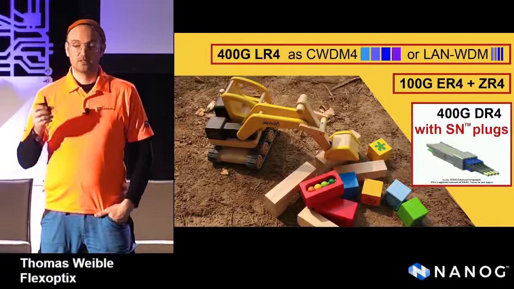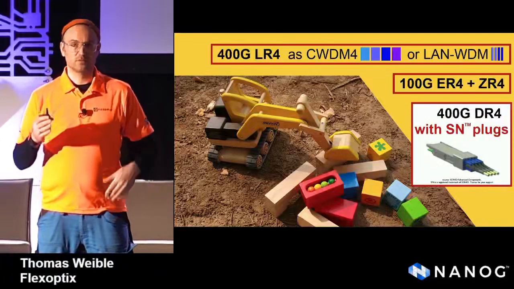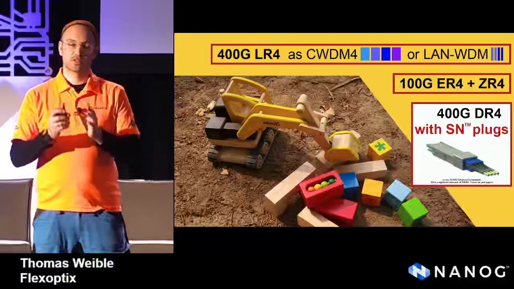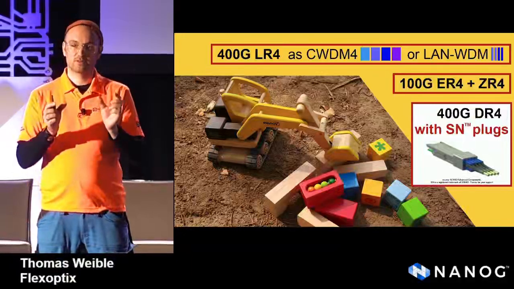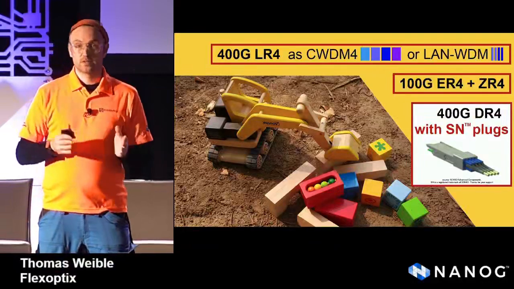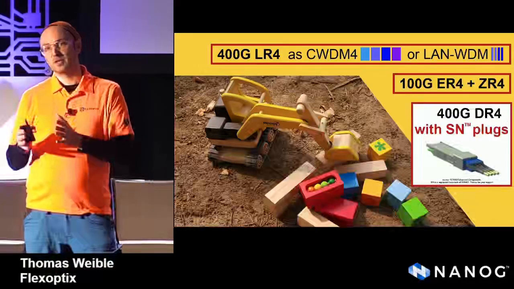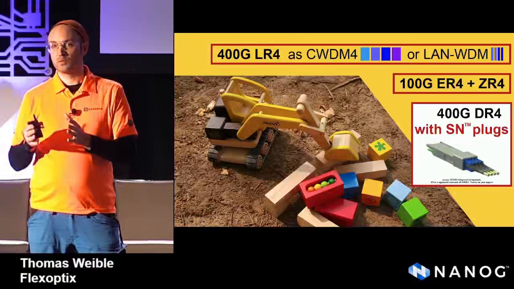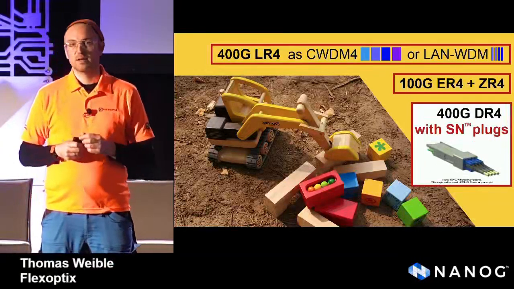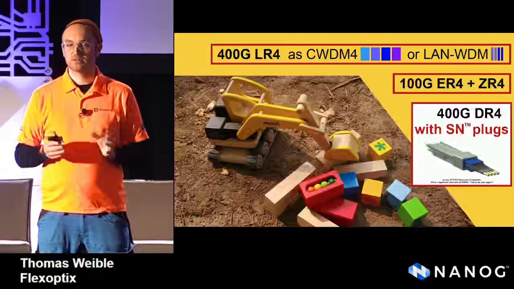There are still ongoing discussions whether the wavelength grid will be CWDM4, which has a spacing of each laser of 20 nanometers, or the LAN WDM spacing of 5 nanometers, which we know from 100 gigabit LR4, which has been standardized for a while. But for the 400 gigabit, this is still not defined yet.